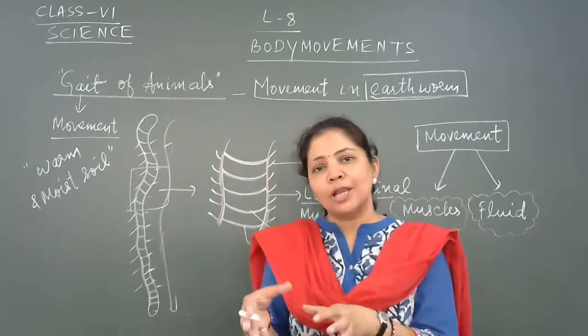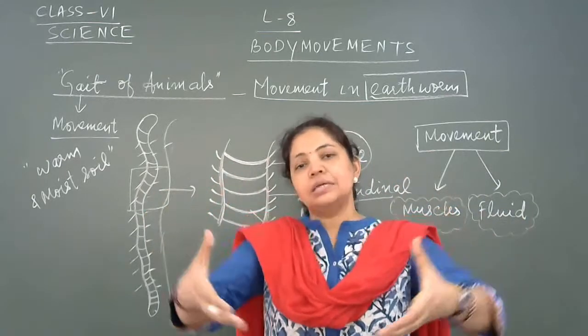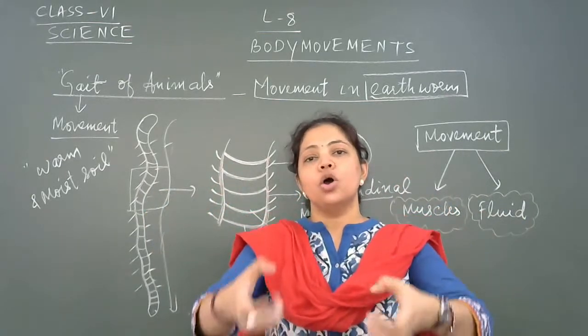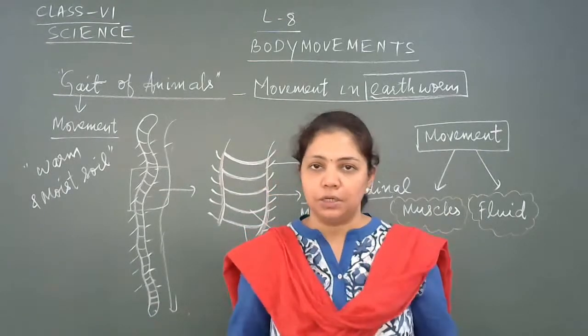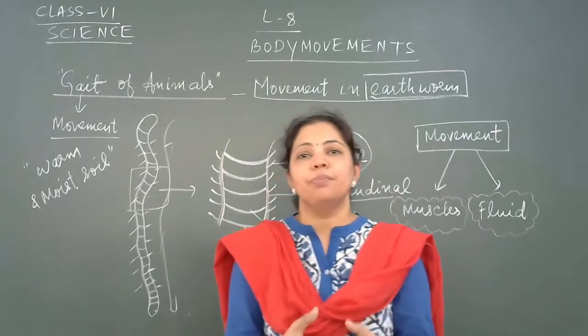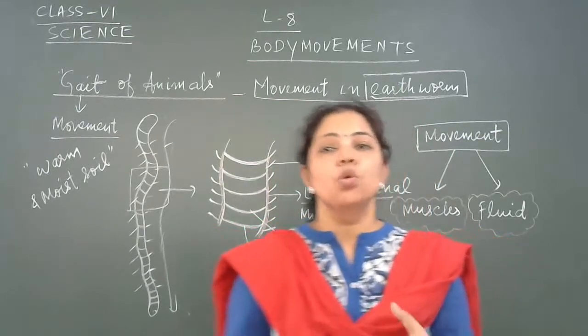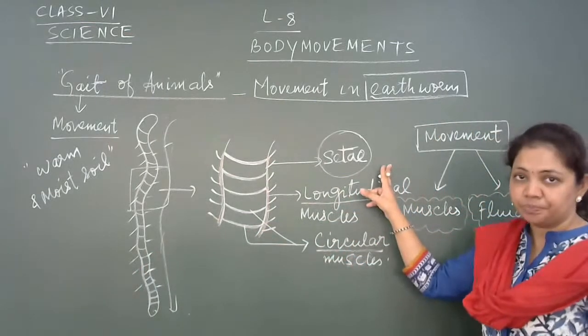Soil is normally found on the ground. तो दोनों साइड पे जो सीटे हैं वो सॉइल के अंदर जाकर अर्थवॉर्म की बॉडी को लैंड के साथ होल्ड करते हैं. And because of that, to some extent, they are helping earthworm to move, right? So that is the function of the setae.